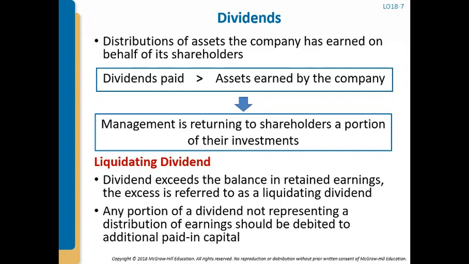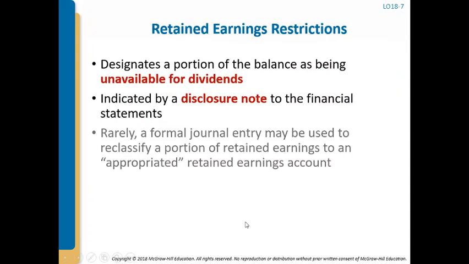Now, what are dividends? Well, normally dividends are something that the company pays to reward their shareholders. Now, these can be different types of dividends. One type of dividend is what's called a liquidating dividend. That's where the dividend exceeds the balance in retained earnings. Any portion of a dividend not representing a distribution of earnings should be debited to additional paid-in capital.